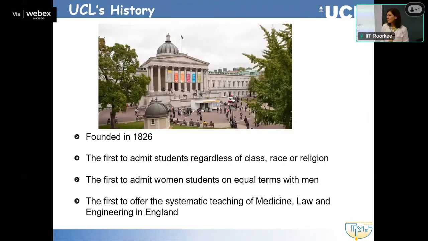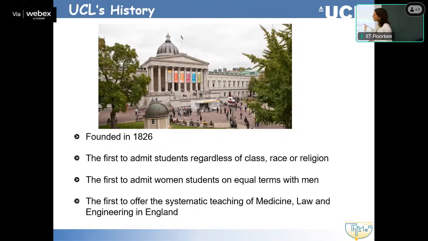So a few things before we continue, and how all these things were brought together. I am from UCL. I don't know if people have been to the UK. UCL is located very centrally in London. It was founded in 1826, and in 2 years' time we are going to have our 200 years anniversary.